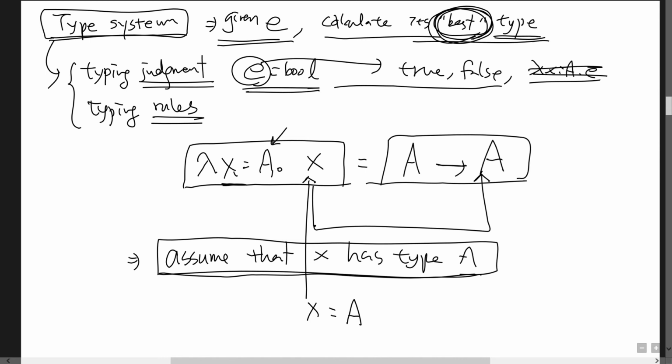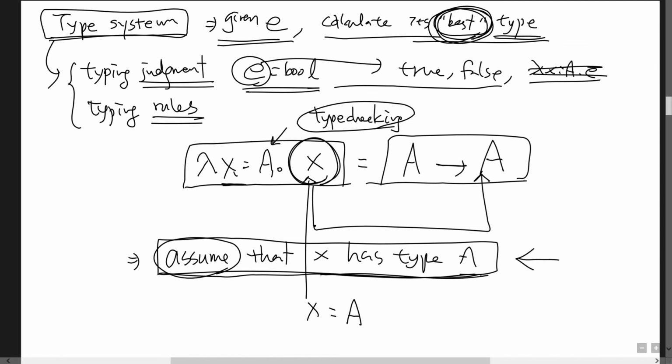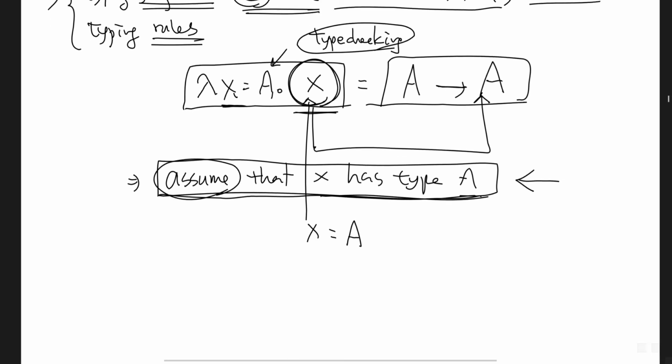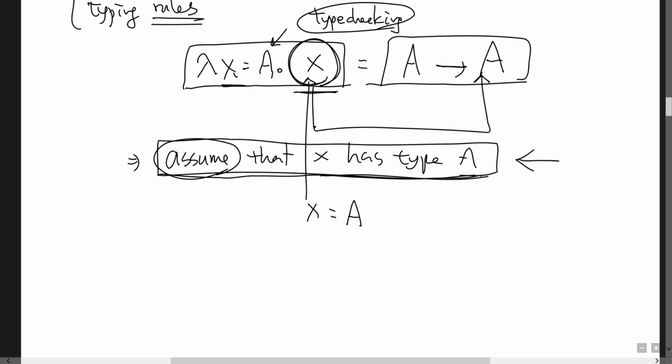But the point here is that when calculating the type for the body expression, or when we are type checking the body expression, we have to remember the assumption that x is of type A. So we have to carry this assumption all along when we are type checking the body expression. This observation leads us to introduce a new concept called typing context.